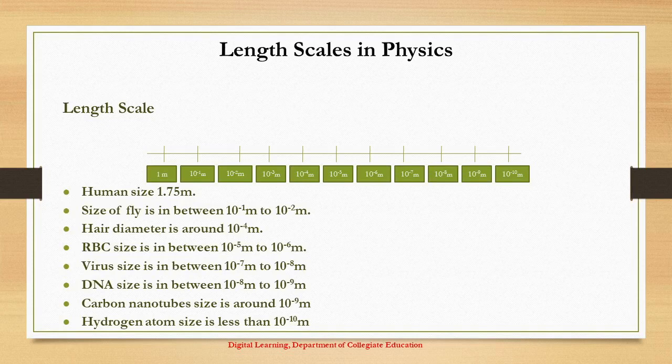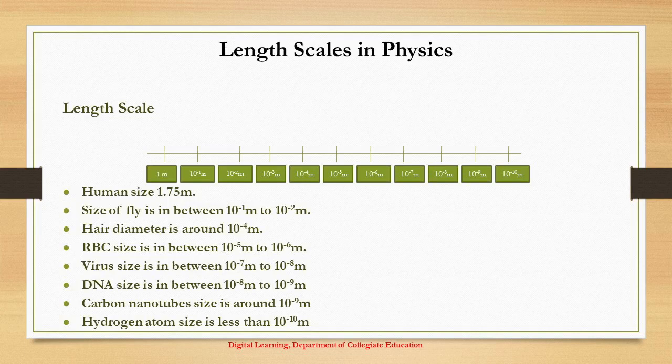Therefore, we need an external aid called a microscope to see the objects of these dimensions, 10 power minus 6 dimensions. Hence, these are all not visible to the naked eye. Next, virus size. It is of the order of 10 to the power of minus 7 to minus 8 meter. Similarly, the DNA size 10 power minus 8 to minus 9 meter. Now the nano begins.